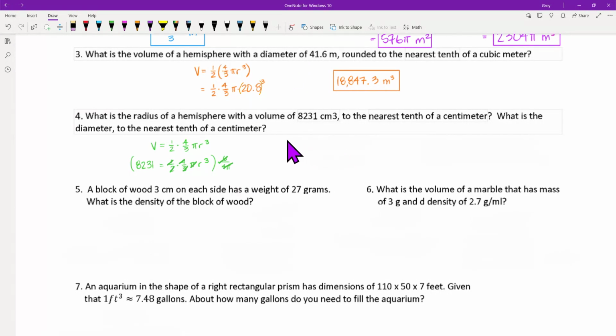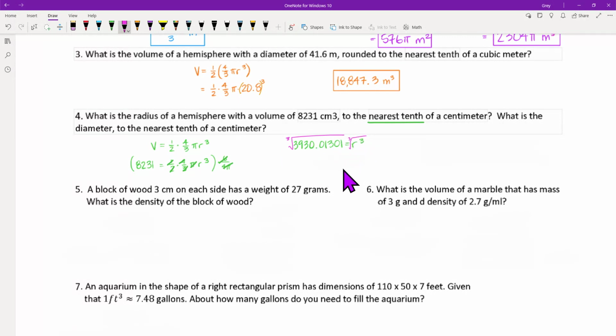And so that gives us 3,930 point blah, blah, blah. That's r cubed. If you're going to the nearest tenth of a centimeter, y'all, you don't round to the tenths until the very end. And I would encourage you to go further than that. So now we take the cube root of both sides.